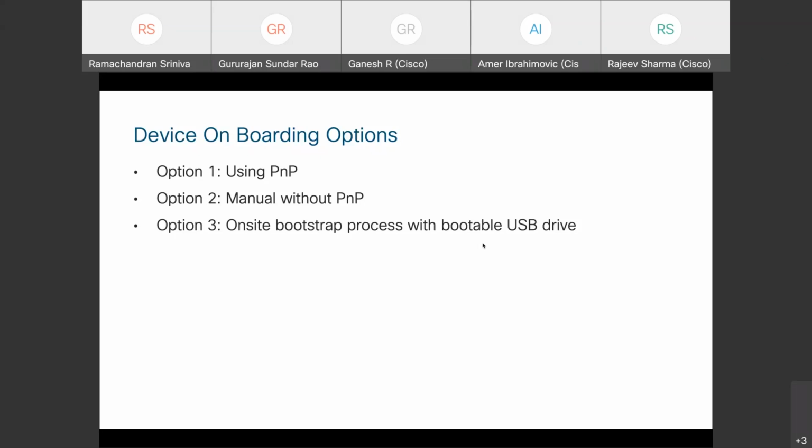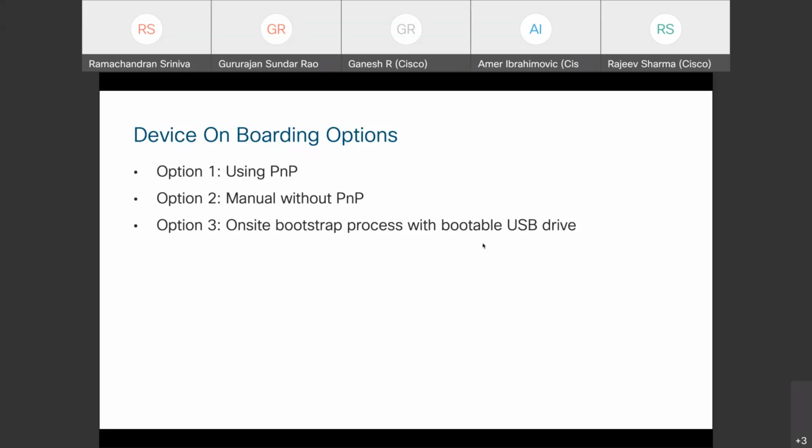And the third option is somewhere in between. You have the configs in a USB file, and you plug it into the router hardware and boot up the router, so it can pick up the configs and do the onboarding process.